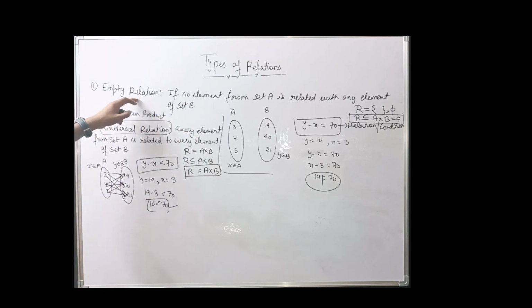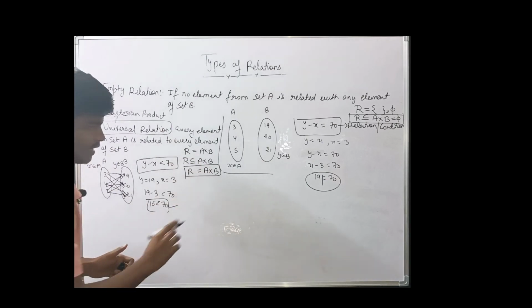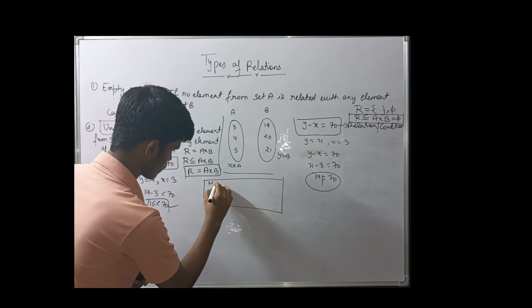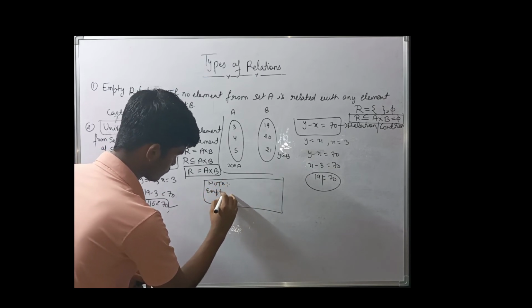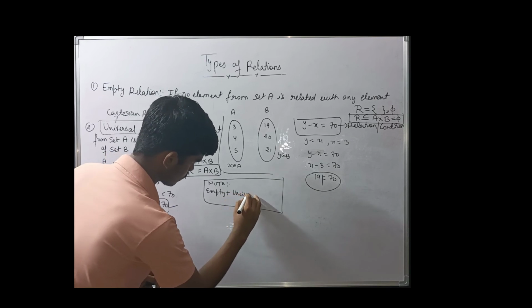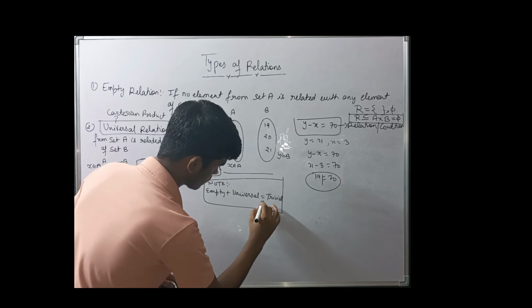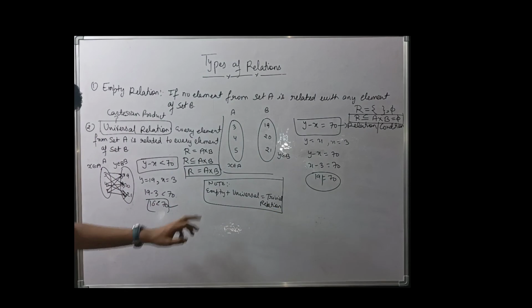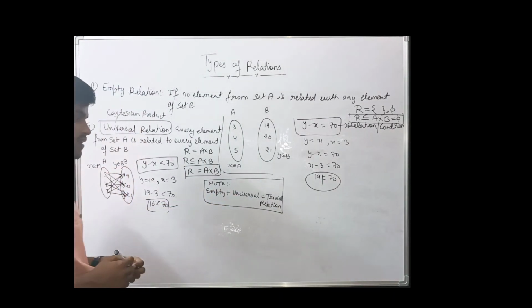So you see now, these two relations are totally opposite: no element related, every element related. One thing to note, which you will have to remember: if a relation is empty as well as universal at the same time, it's called a trivial relation.